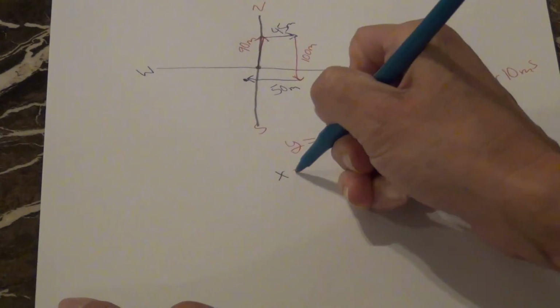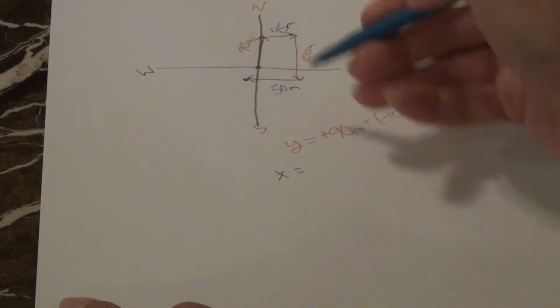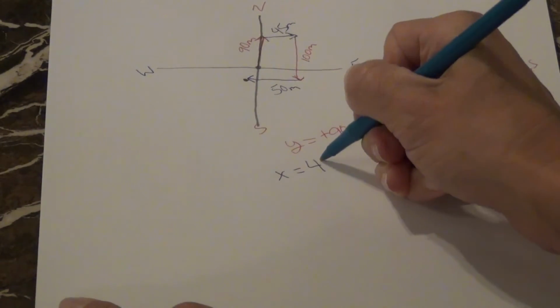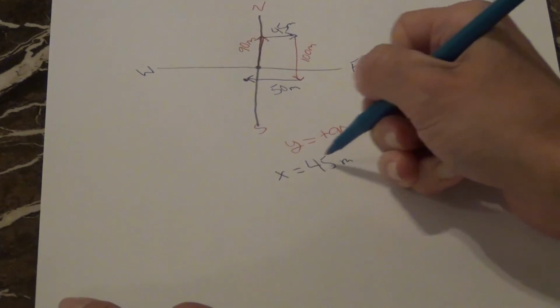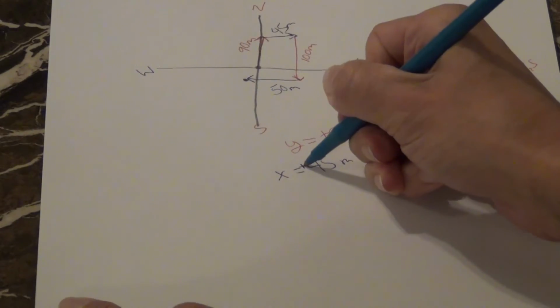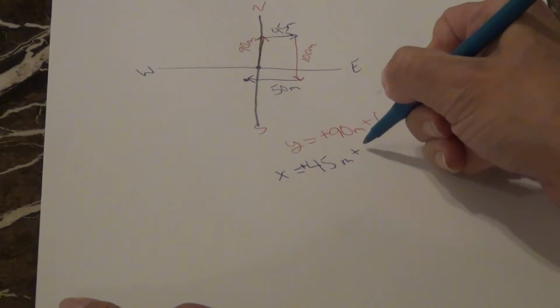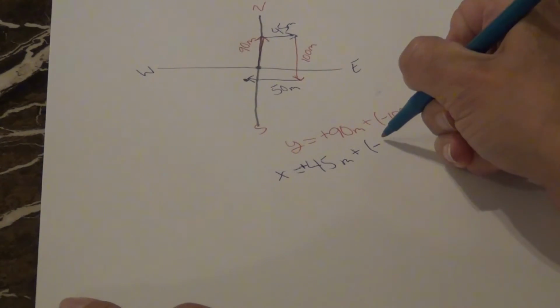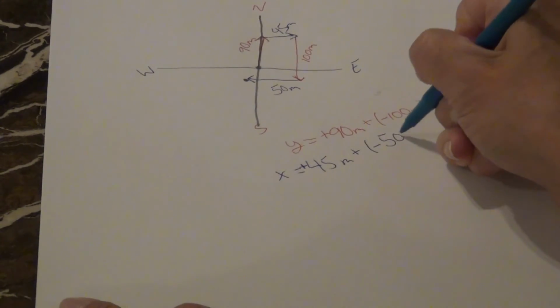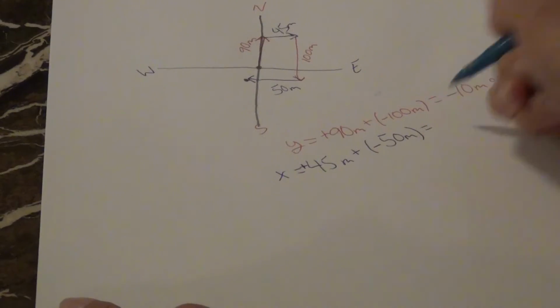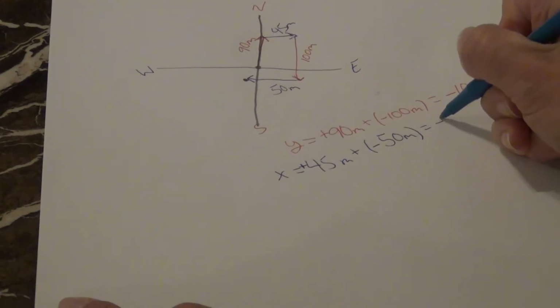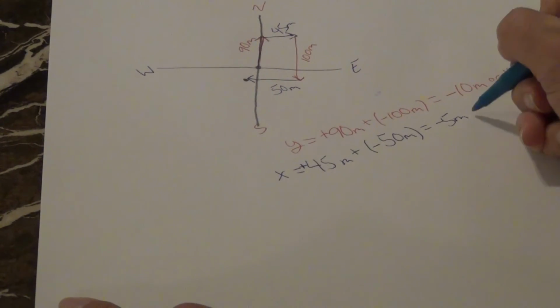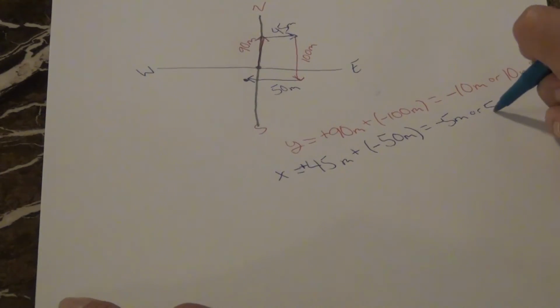For the x direction, I walked 45 meters east, which is a positive, plus 50 meters to the west, so that's a negative, minus 50 meters. So I have a net of negative 5 meters, or 5 meters to the west.